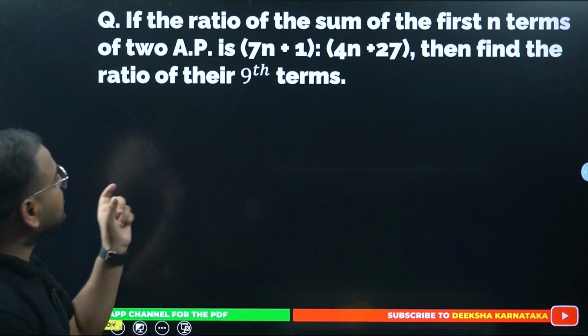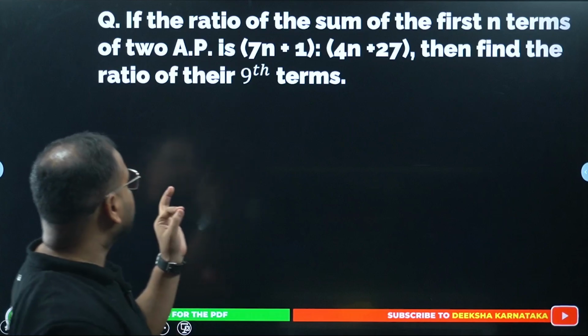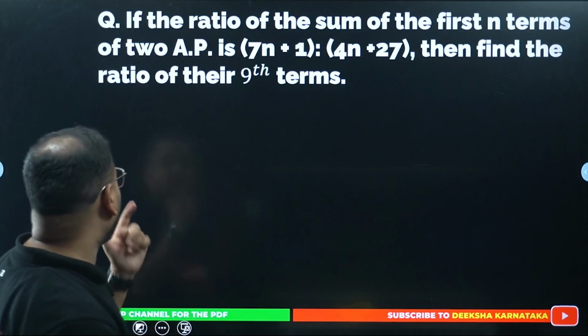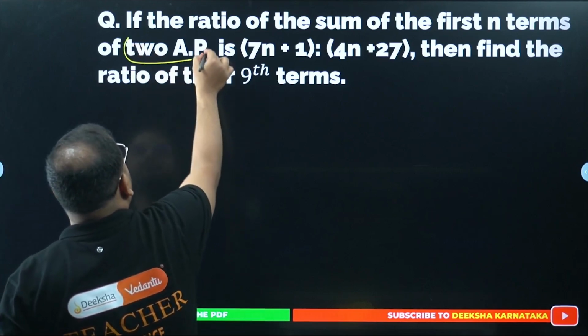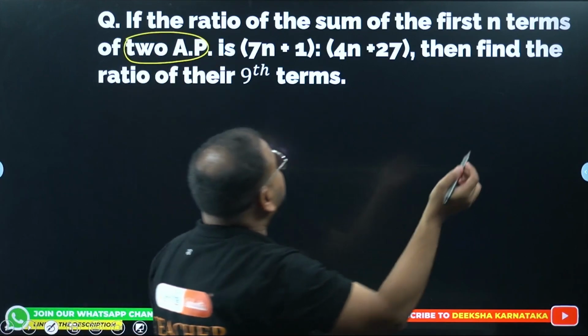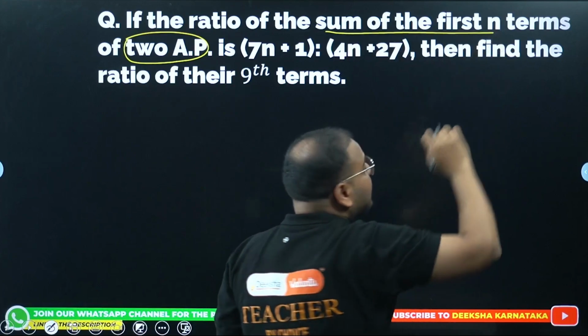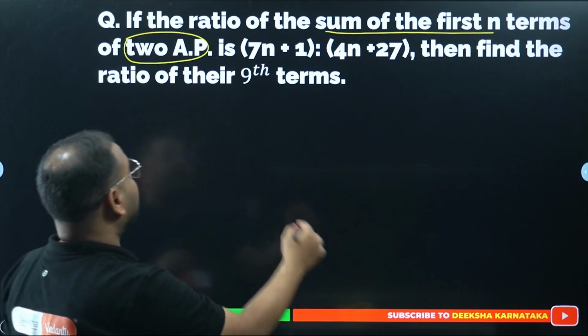Great. So if the ratio of the sum of first n terms of 2 APs, important here, for 2 APs, Sn is not given directly. The ratio is given, sir.